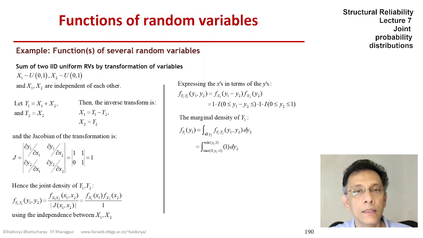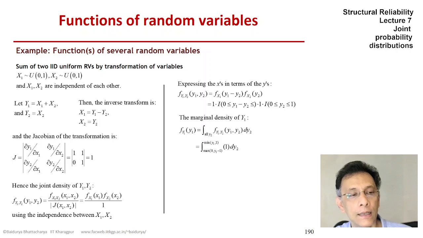So the limits of the integration can be found to be, as I have written on the screen. The lower limit is the maximum of 0 and y1 minus 1, and the upper limit is the minimum of y1 and 1.